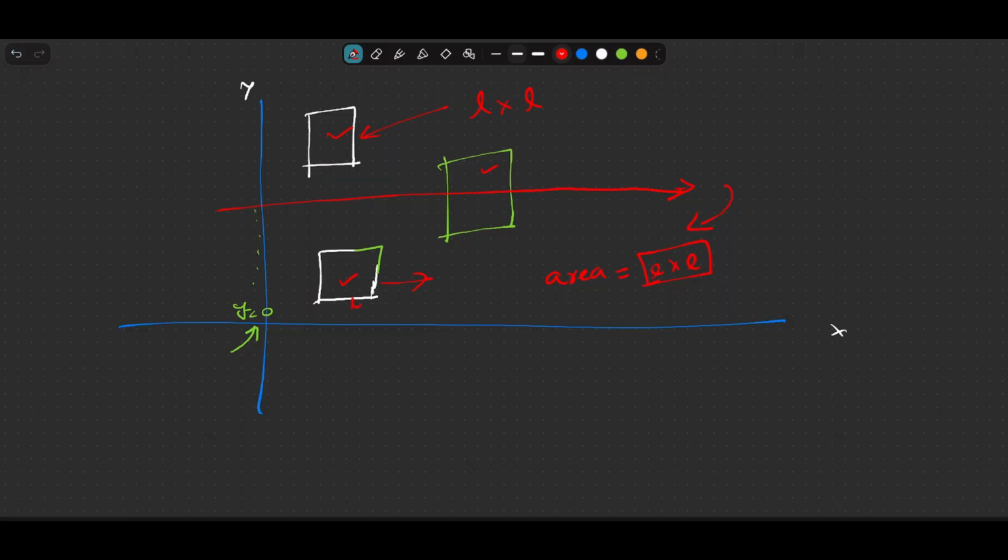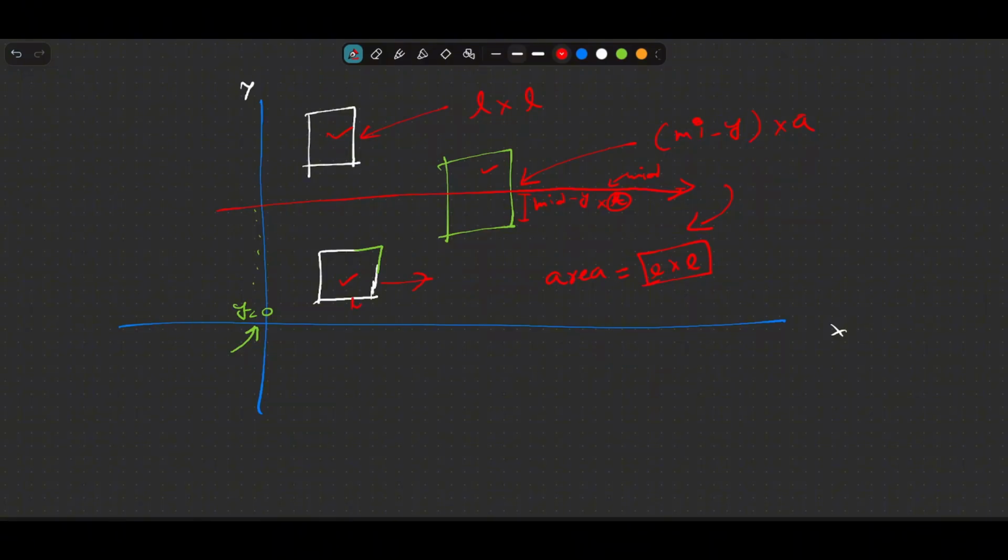What if this current line divides it? Then the below portion would be mid minus the y coordinate, multiplied with this particular length l.